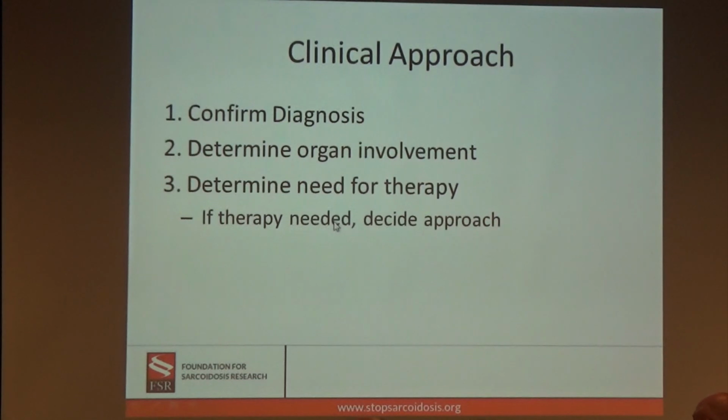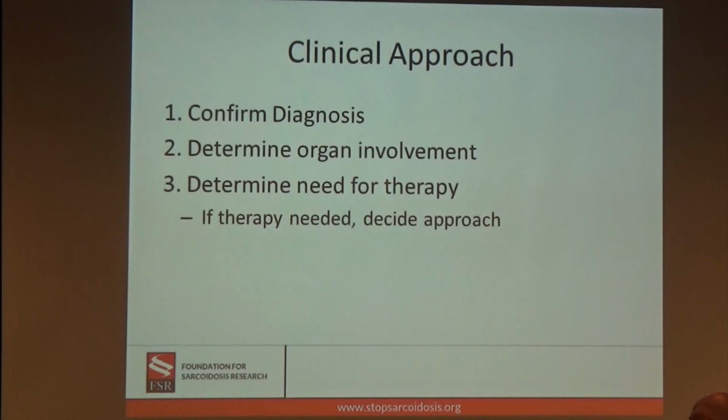And this is a really important question because sarcoidosis, although present, doesn't always need to be treated. Sometimes the treatment does more harm than good. Some of you may have experienced that, being put on high doses of steroids, which wreaks havoc on your blood sugar and your blood pressure, your bone health, your ability to get a good night's sleep, anxiety, all of those things can lead to depression.